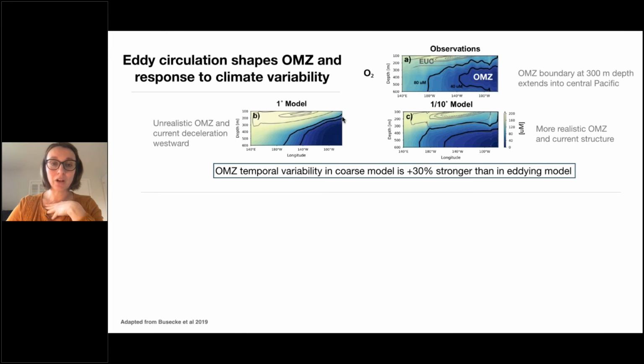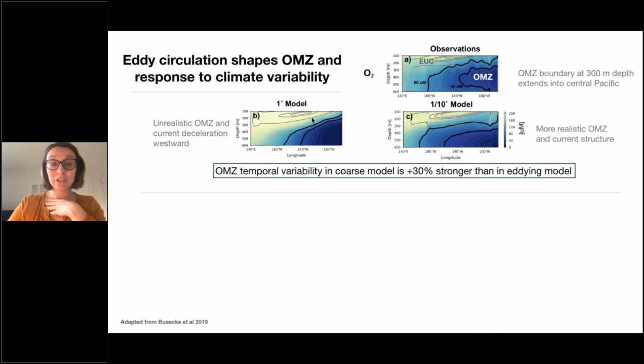In the 1-degree model, however, it's much more confined to the east, and it's actually much deeper, with the oxycline at 500-meter depth. So it's a pretty unrealistic representation of the OMZ, a very strong OMZ with very low oxygen levels.